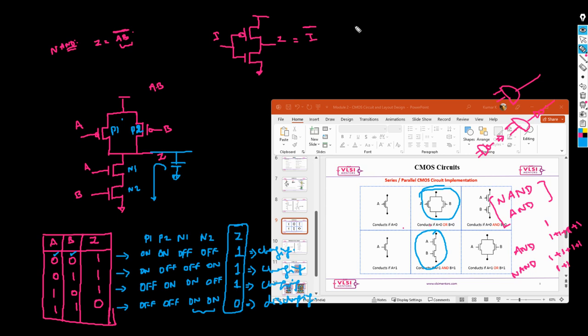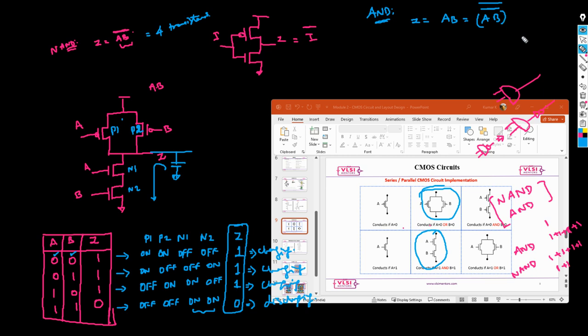So now for the AND gate, how do you do this? By the way, how many transistors are there in NAND? Four. Okay, four transistors. Now what about AND? Six. Okay, so what is the formula for AND? AB. Now what do we need to do? Convert this into AB bar and then there is one more bar.